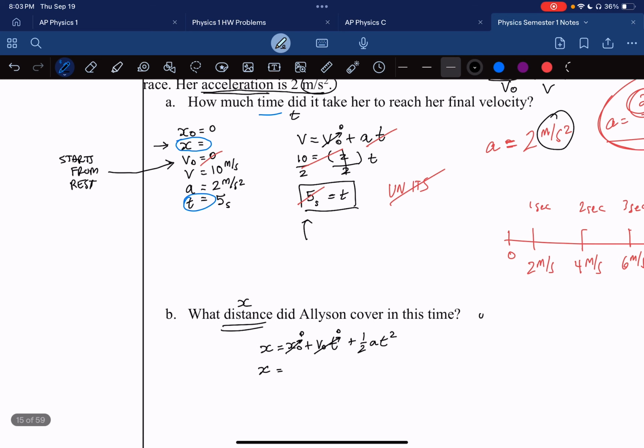I'm going to write this on the side. If V naught is 0, and no matter what t is, it doesn't matter, 0 times t will still equal 0. So the whole thing is just 0. I know that it's 5 seconds, but let's put 5 in there and see what happens. That's still 0. So we don't write the 5 down here. It's 0. It's gone.